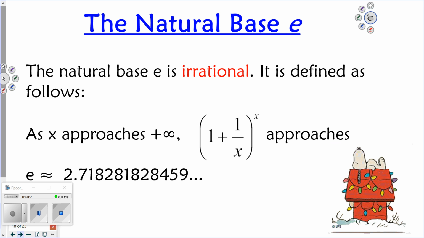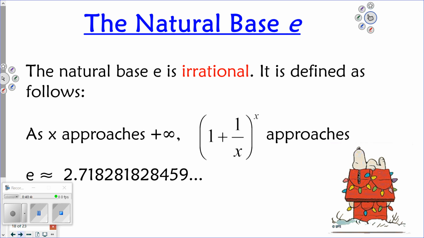But right above it, e to the x. e is a number, just like pi. What's pi? You guys can rattle off some decimals of pi, right? It's an irrational number that we use a symbol to represent. So is e. e is approximately this number. So e stands for a number just like pi does.